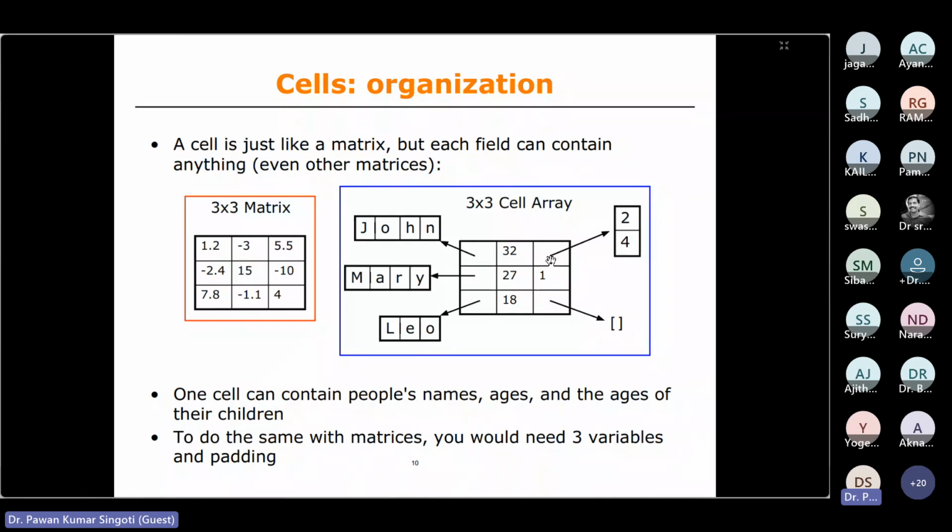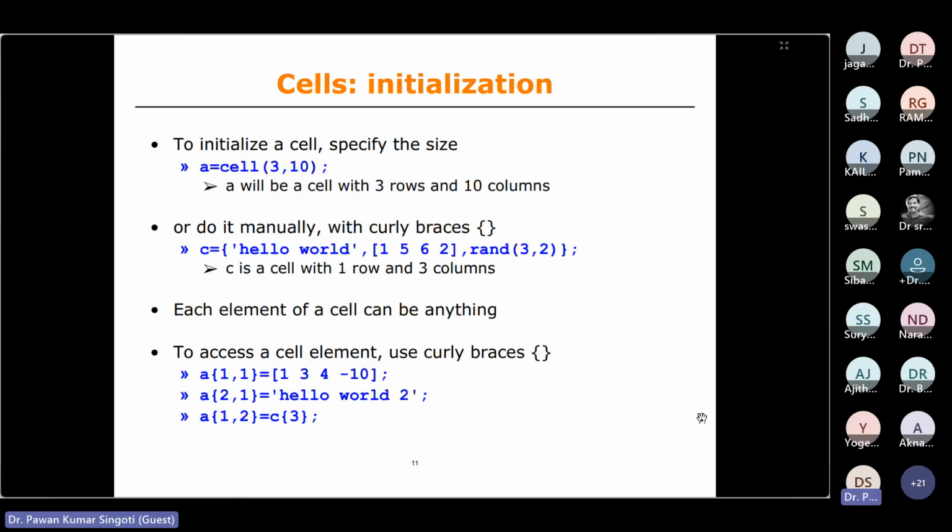One cell can contain the names, ages, and the ages of their children also. To do the same with a matrix, you would need three variables and padding. When initializing a cell you can specify the size, so 3 comma 10 is a cell with 3 rows and 10 columns.